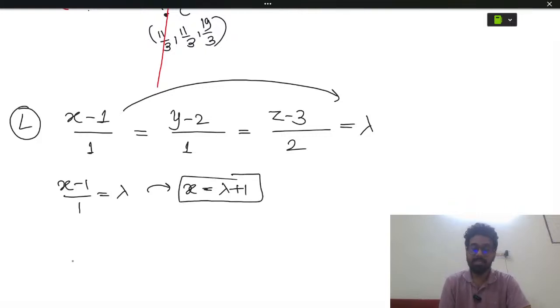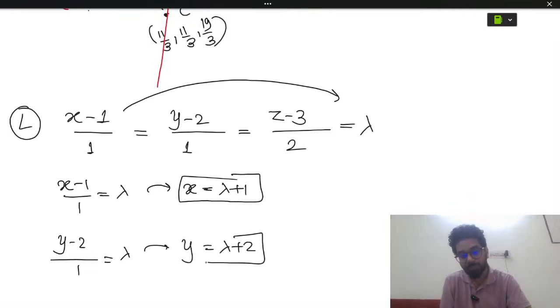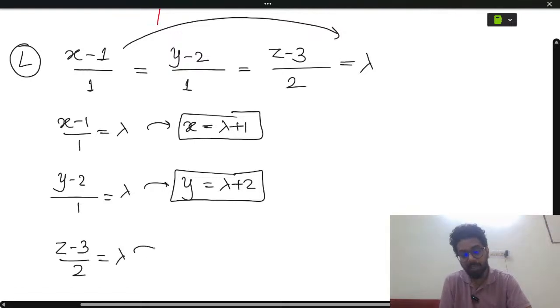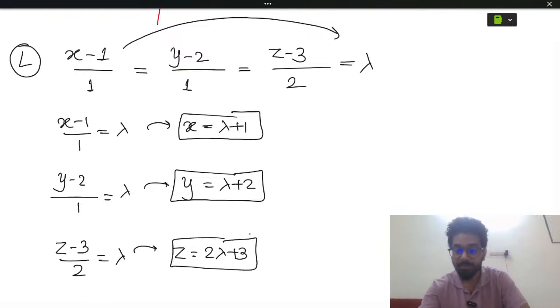Second, if you write y minus 2 upon 1 equals lambda, you will have y equals lambda plus 2. Then z minus 3 upon 2 equals lambda, so you will have z equals 2 lambda plus 3. I hope it is clear how exactly we need to present it.